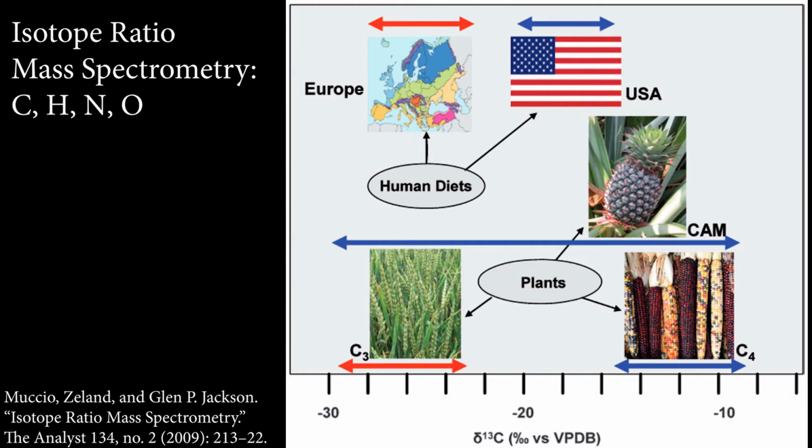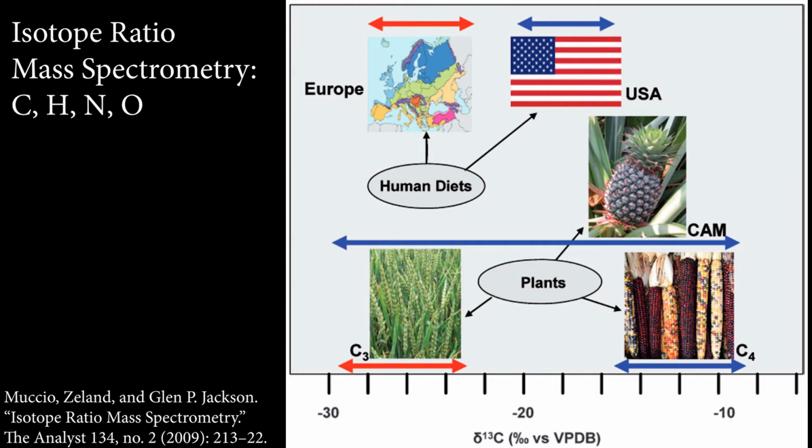But it's important information. It turns out that this on the x-axis there is the relative carbon-13 ratio, and we'll talk about that more in just a minute. But you can see that if you are eating food in the United States, then the carbon that you incorporate because of what you are eating has less carbon-13 in it than if you were in Europe.